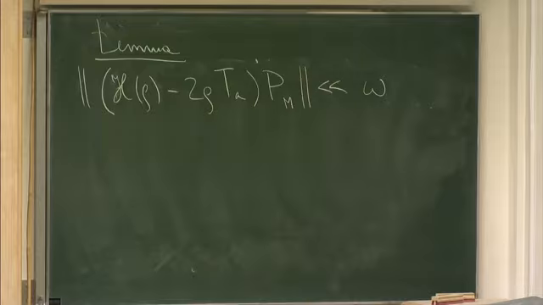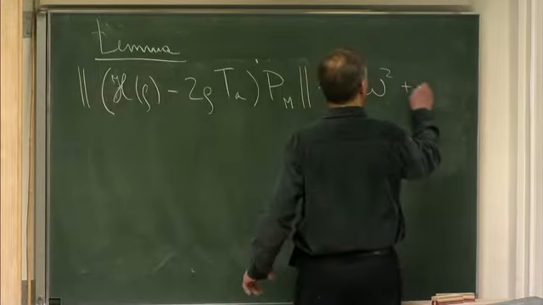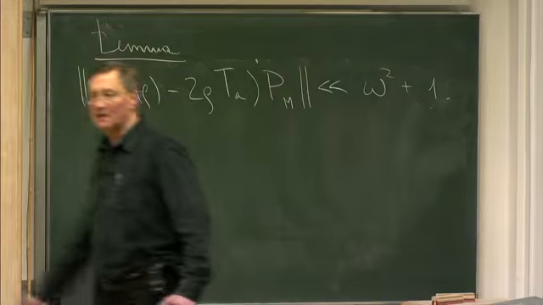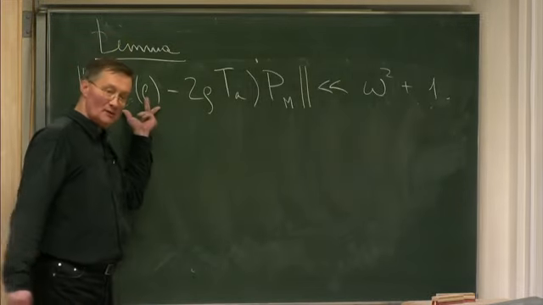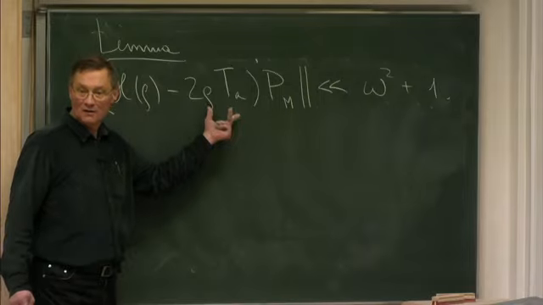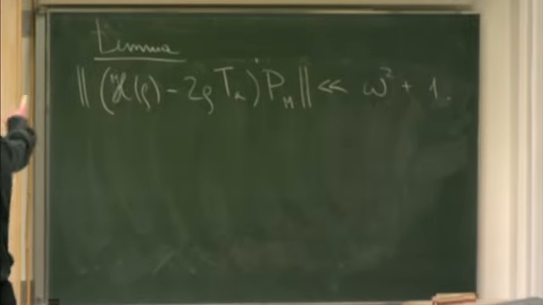In any case, this is a constant which doesn't depend on rho. This is omega squared. Okay, with the prefactor depending on the magnetic field, of course, but we don't care about this at the moment. Okay, so now the second order operator is reduced to the first order operator, which we will study in a few minutes. Why is it true?